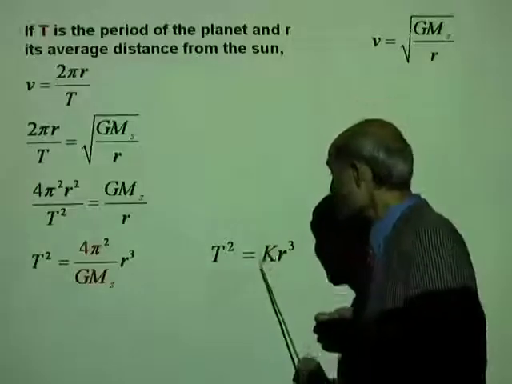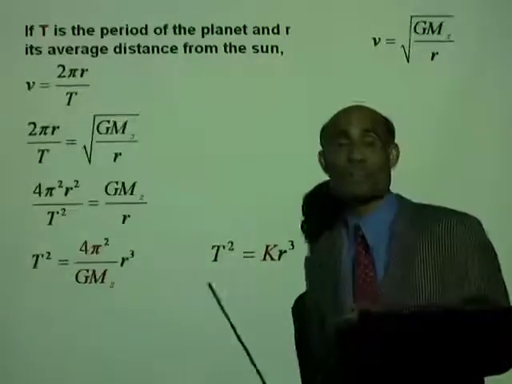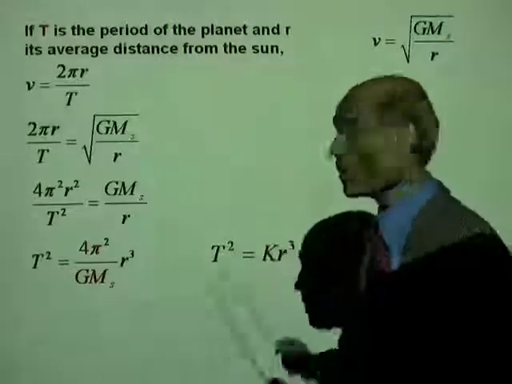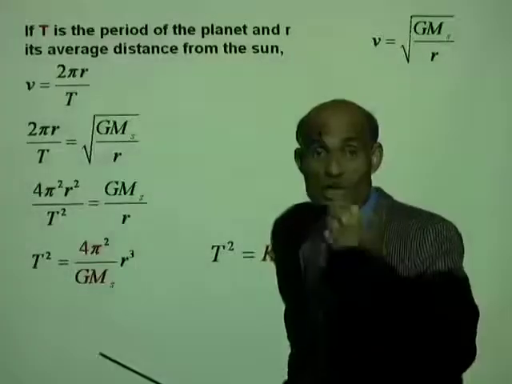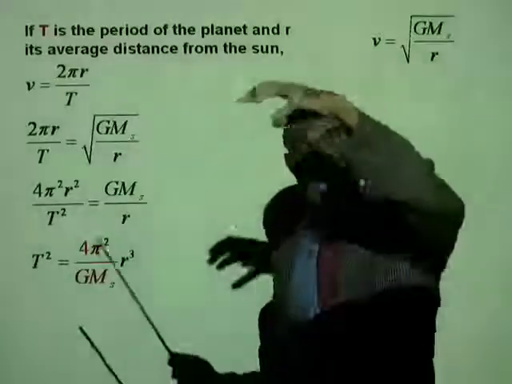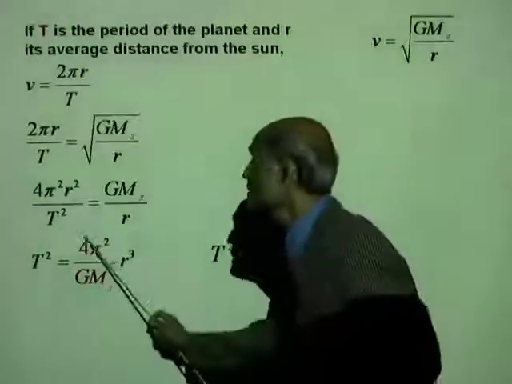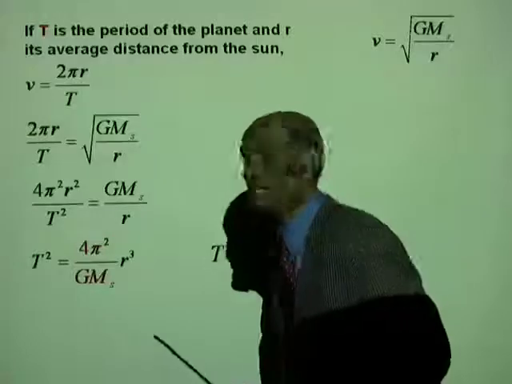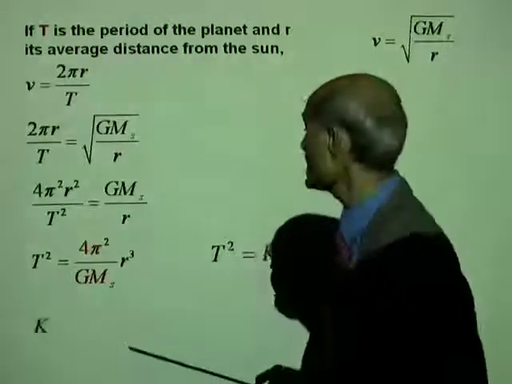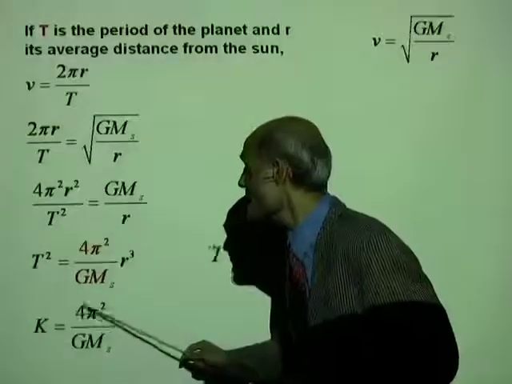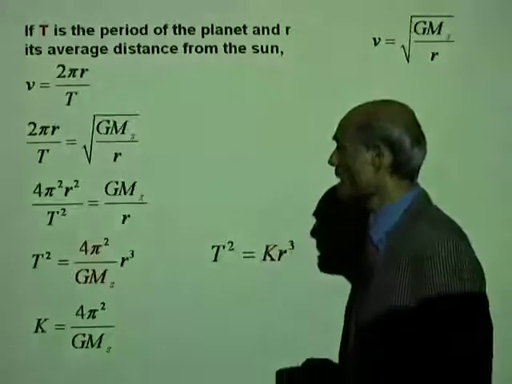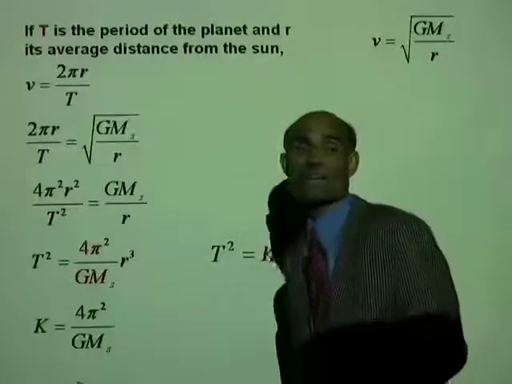Now, what is this k equal to, the constant in Kepler's law? For the solar system, for the planets that move around the sun, this k is 4 pi squared divided by GMs. So k equals 4 pi squared over GMs.